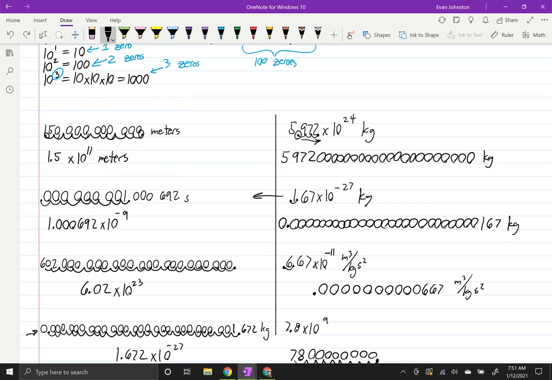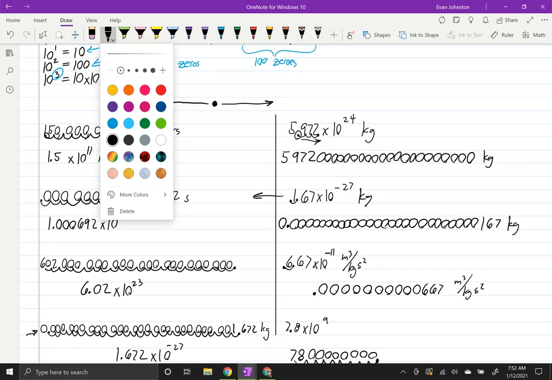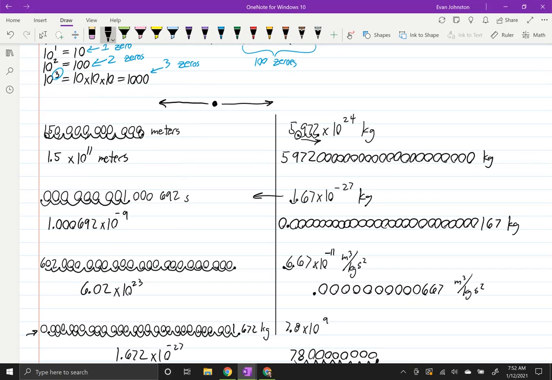So if I were to kind of summarize a rule for moving things around in scientific notation, I would probably say something like the following. If this is our decimal, moving it to the right versus moving it to the left, I would say here that we move the decimal to the right when the exponent goes down.